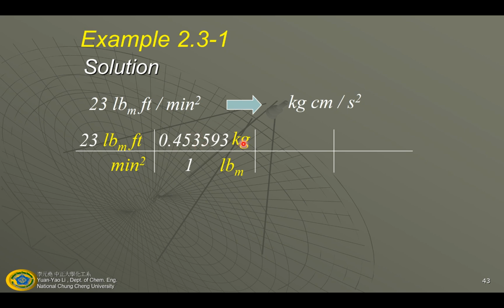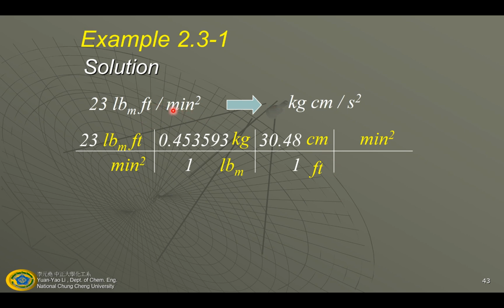You don't need to remember the rest of the numbers. So you convert pound mass to kilogram. Now you need to convert the feet to centimeter. 1 feet is equal to 30.48 centimeter.